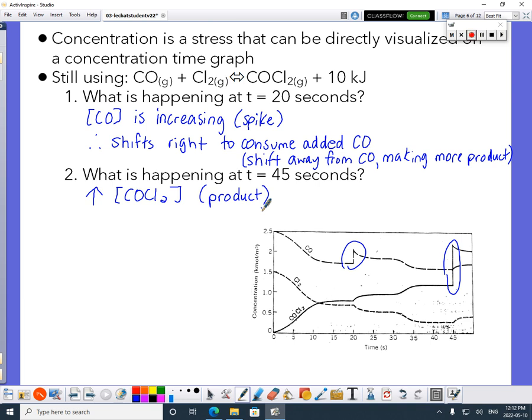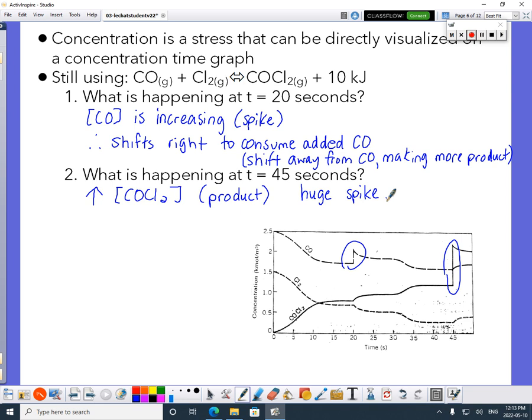Oh, I guess I could write huge spike. So if you increase the product, then it has to consume the increased product. It has to shift away from the COCl2.